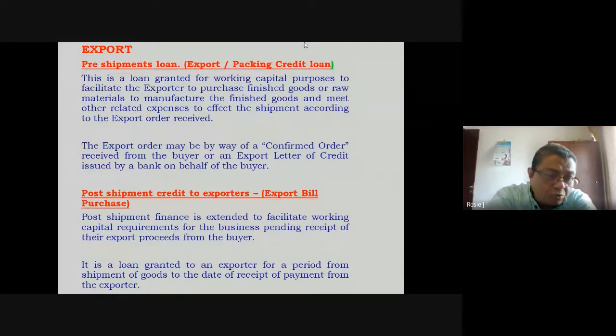But in the meantime, he has to keep working. So he'll ask you for a post-shipment loan. He has shipped the goods, and against the pending money he's asking. He can't wait 90 days. You discount and give him a loan, and once you get the money, you settle the loan, right? That is called a post-shipment loan.